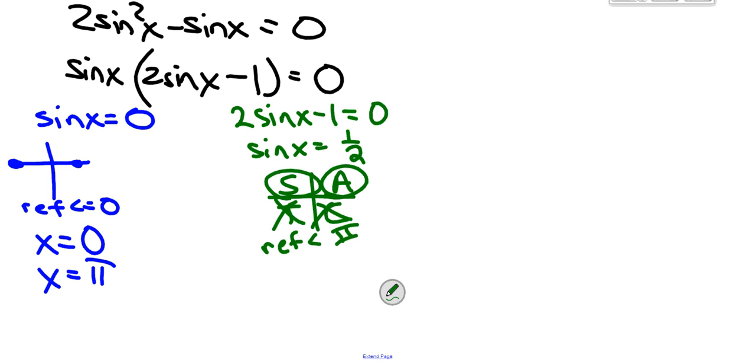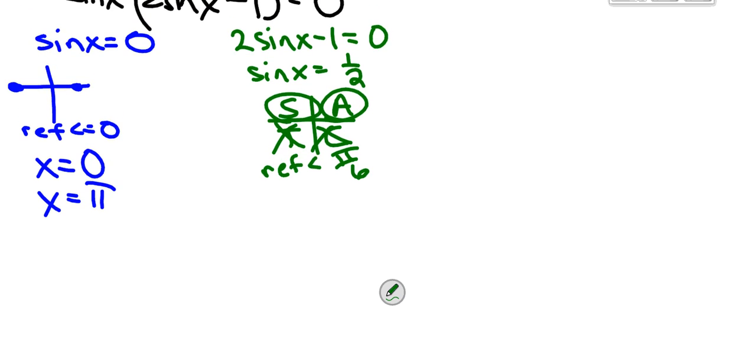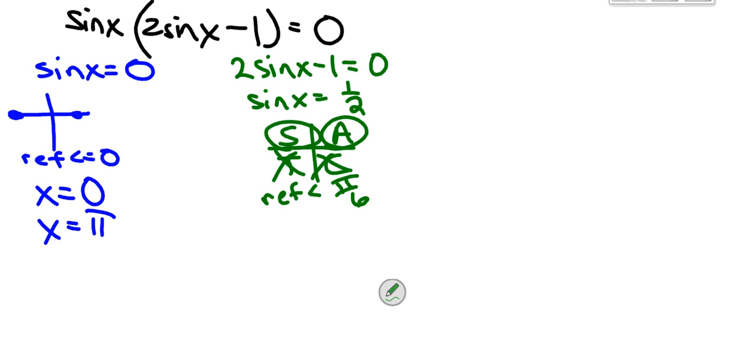So these are turning out to be a lot of similar seeming answers, but that's okay too. And so here we go. My reference angle is pi over 6, so one of my answers is x equals pi over 6. My second angle will be right here, and that reference angle is pi over 6. So if I go from here over to there, that's 6 pi over 6, 1 pi, and then I'm going to subtract a pi over 6, so that will be 5 pi over 6.